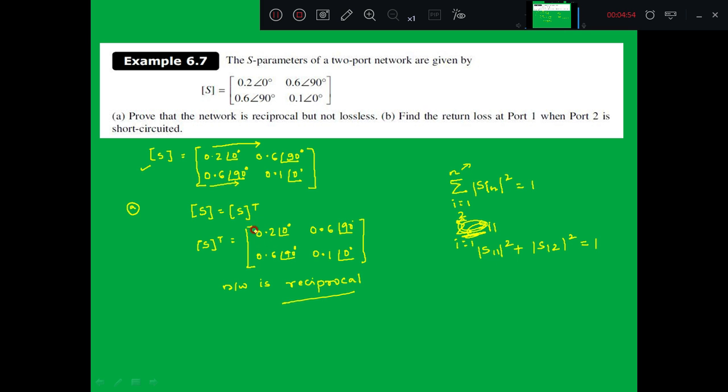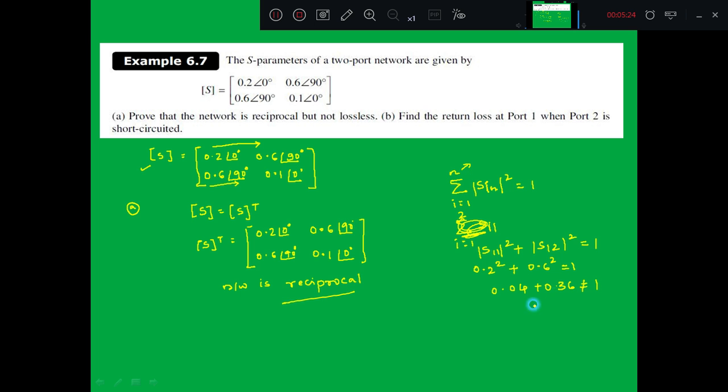The magnitude of S11 is 0.2, so 0.2 squared, plus the squared magnitude of 0.6, so 0.6 squared. We have to check whether it is equal to 1. So 0.2 squared is 0.04 plus 0.36.